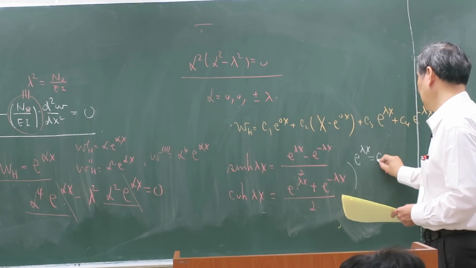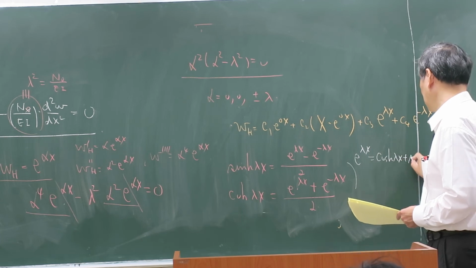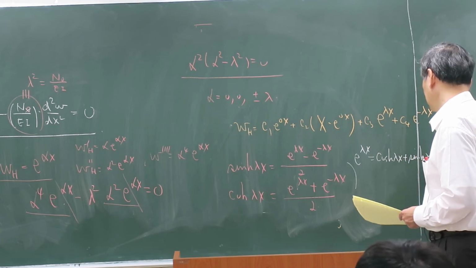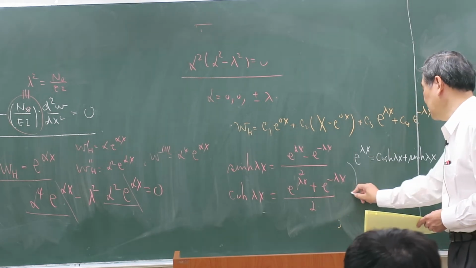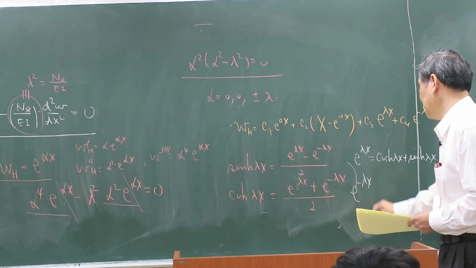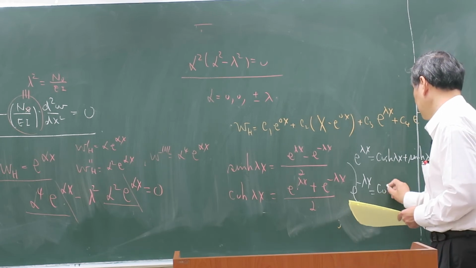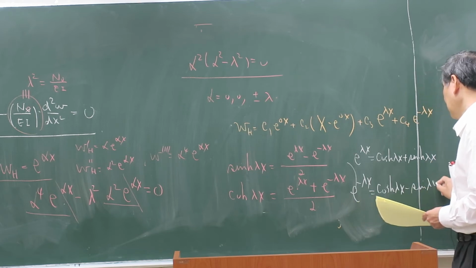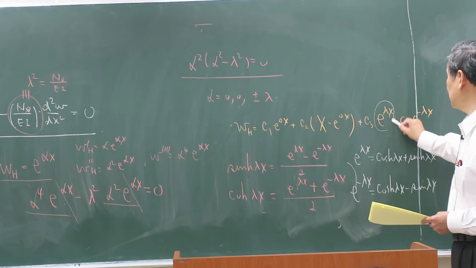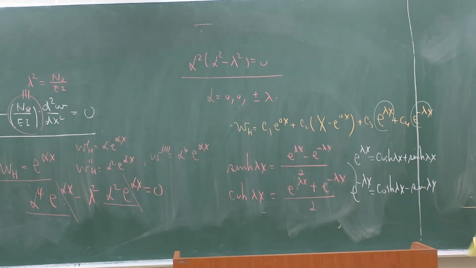Equal to hypercosine lambda x plus hypersine lambda x, right? And exponential minus lambda x will be hypercosine lambda x minus hypersine lambda x. So you can change these two things by combination of this.